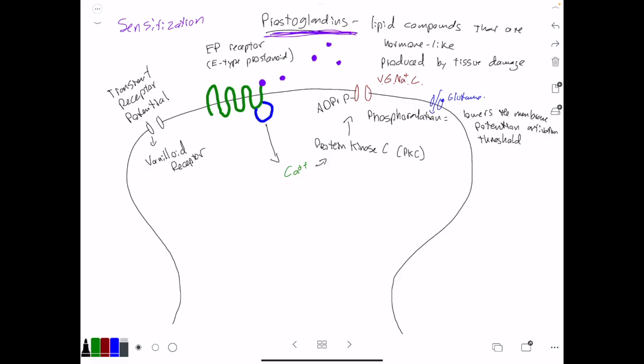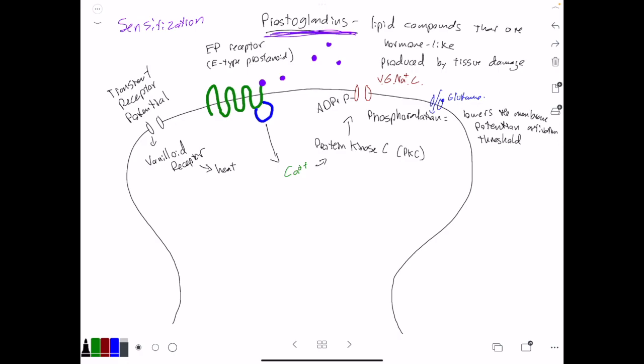This is a channel that responds to heat. So when it experiences an increase in heat, the channel opens, and it facilitates an excitatory signal by letting positive ions, sodium ions, flow in.